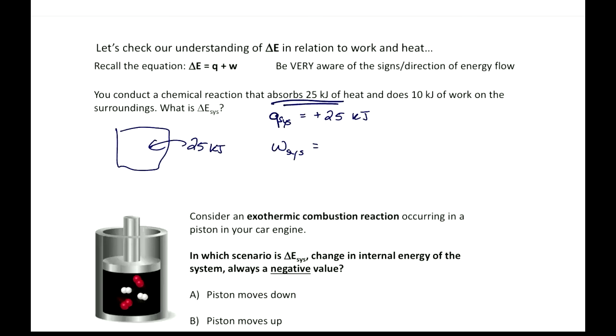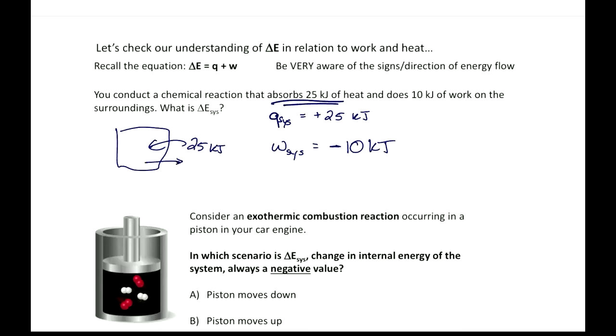It is negative in this case, because I like to think positive signs of work means that the system gains work. It has work done on it. That's how I like to think of it. So if the system does work, that means there is a negative sign associated with it. So negative 10 kilojoules of energy is done in terms of work.